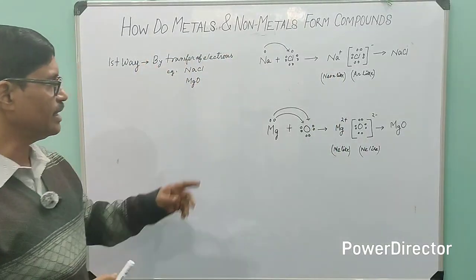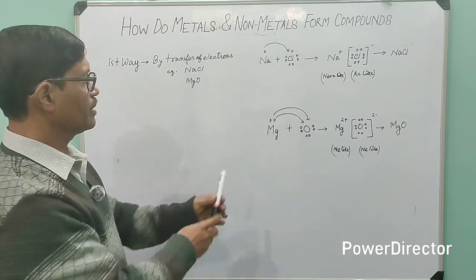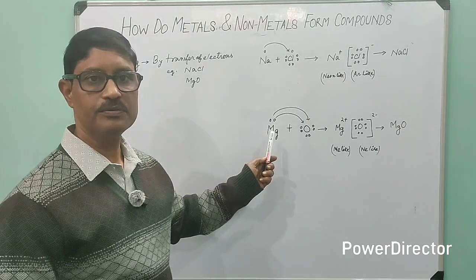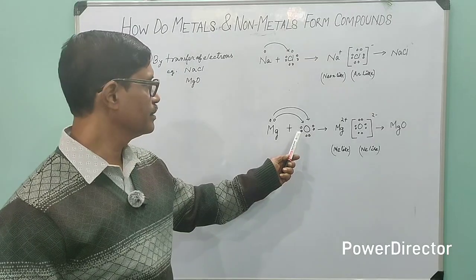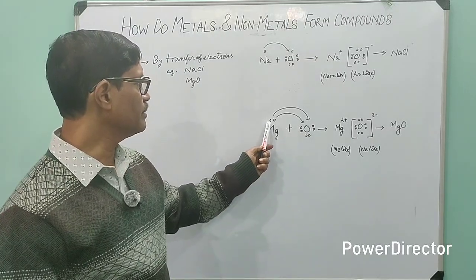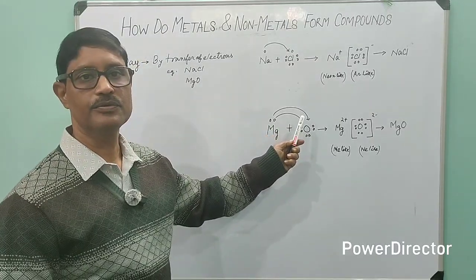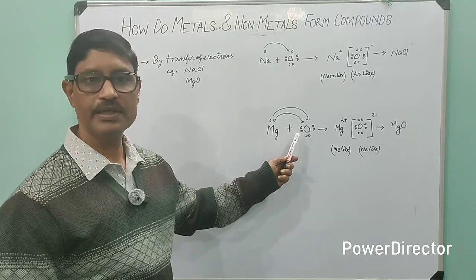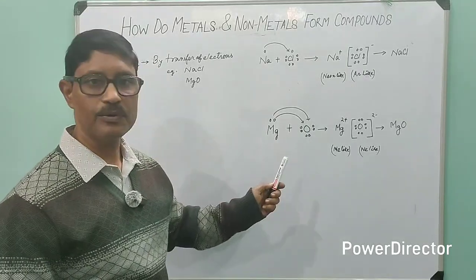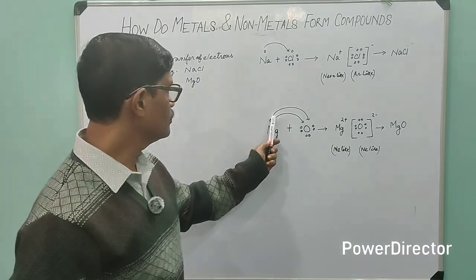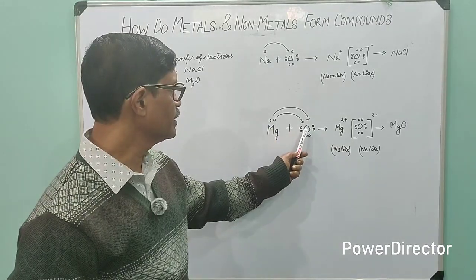Similarly, in case of magnesium, there are 2 electrons in the outermost orbit, 2 valence electrons. Oxygen has 6 valence electrons. So magnesium will donate 2 electrons to oxygen, and oxygen will accept them. When magnesium and oxygen come close to each other, 2 electrons jump to oxygen.